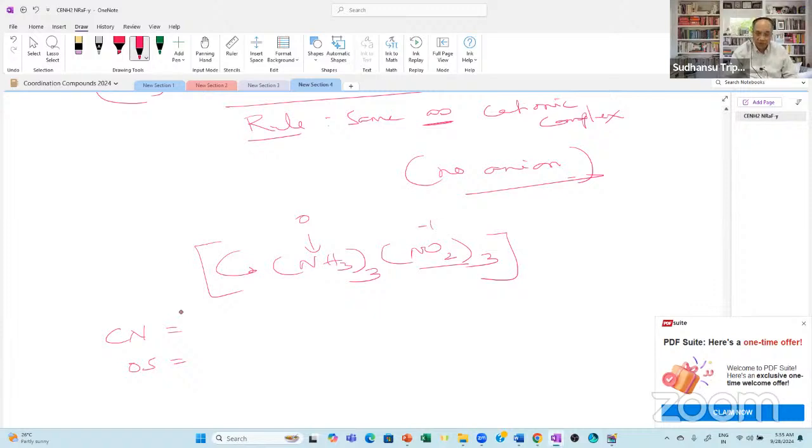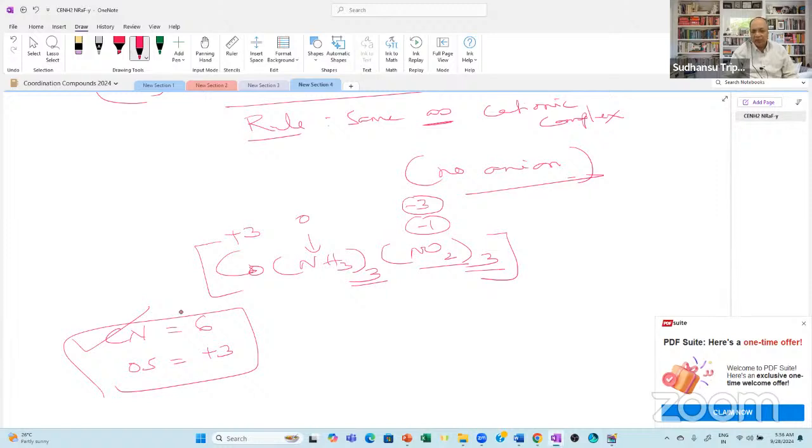It is -1 and there are 3, so total negative charge is 3. So cobalt has to be in the +3 state. Coordination number is 3 plus 3. There is no bidentate or tridentate ligand. This is 6. Coordination number is not important for naming.